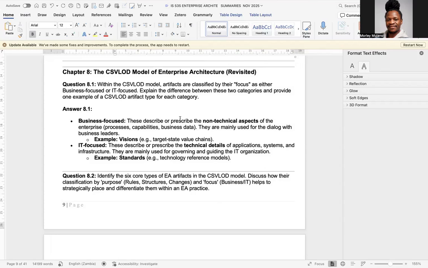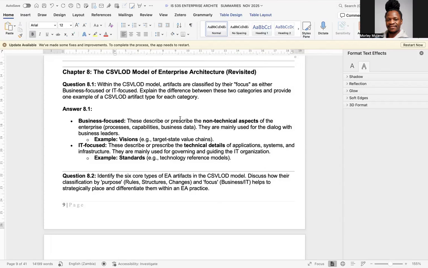So for business, we're talking about the visions in terms of the target state, where they want to be. And then for IT focus, these describe, or rather they prescribe technical details of applications, systems, and infrastructure. They are mainly used for governing and guiding the IT organization, such as the standards, technology reference models. So when you're talking about IT focus, we need to look at the standards, and they will provide the technology reference model.